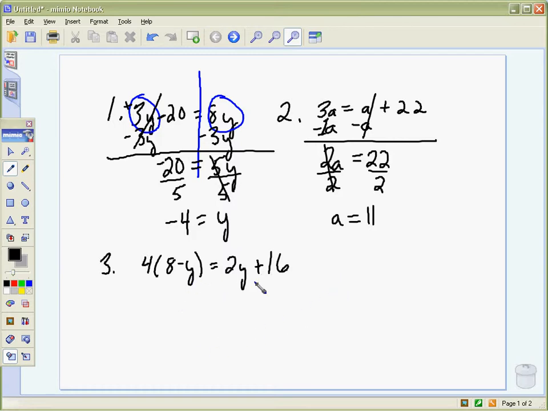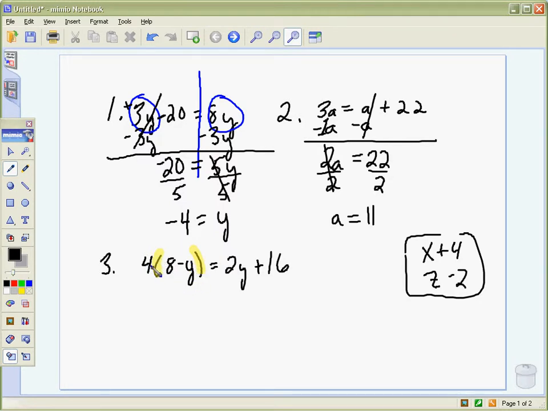Number 3, whenever you have a set of parentheses like this, and inside the parentheses we have an expression like 8 minus y, or something like x plus 4 or z minus 2, where you can't simplify it because you don't know what the variable is.